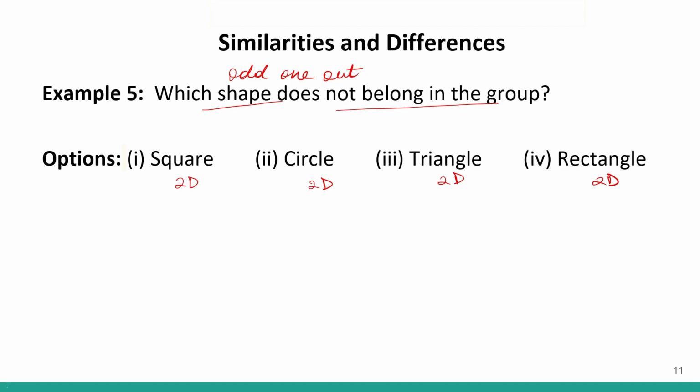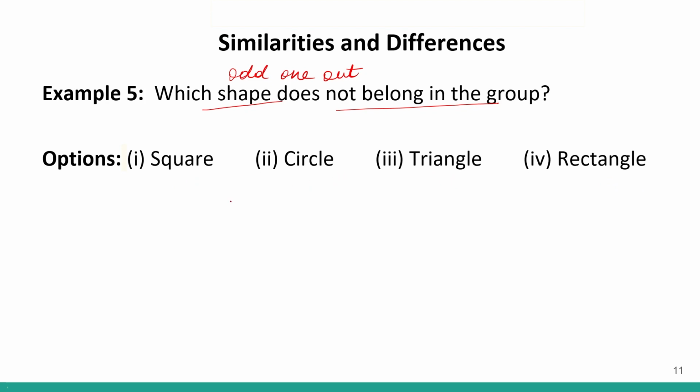So if all of these are 2D figures, this is not the logic that is used to find out the odd one out. This we discussed in the previous class, that this is the common logic. Usually whenever you get a question like this, either there is a different 2D figure or a 3D figure. So in this, I can say that there is no difference. All of these are 2D figures.